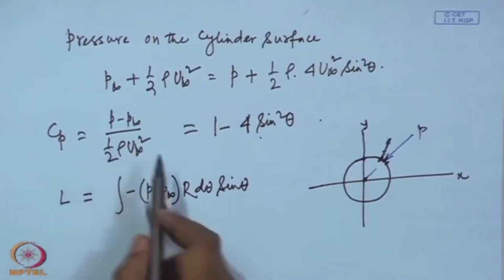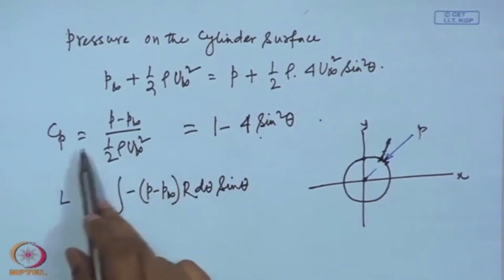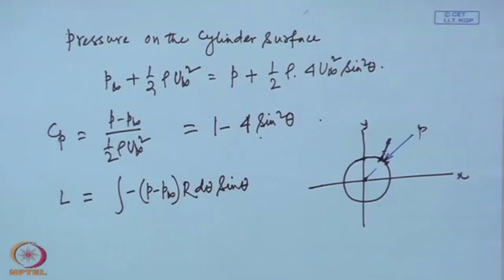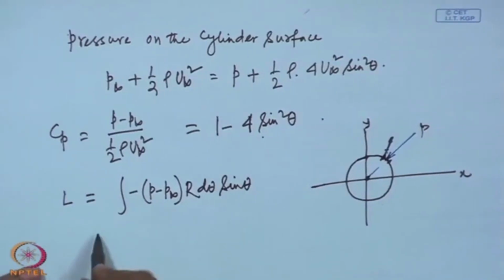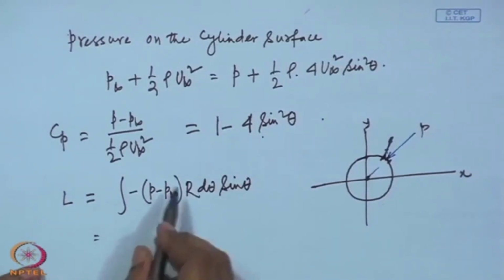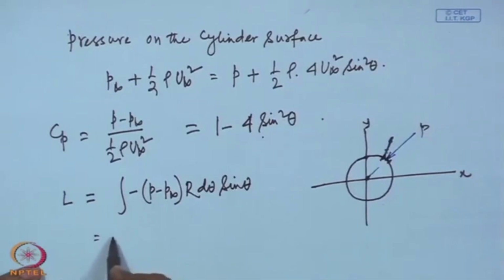That P minus P infinity can be written as half rho infinity square C p. Then half rho infinity square can be taken out.